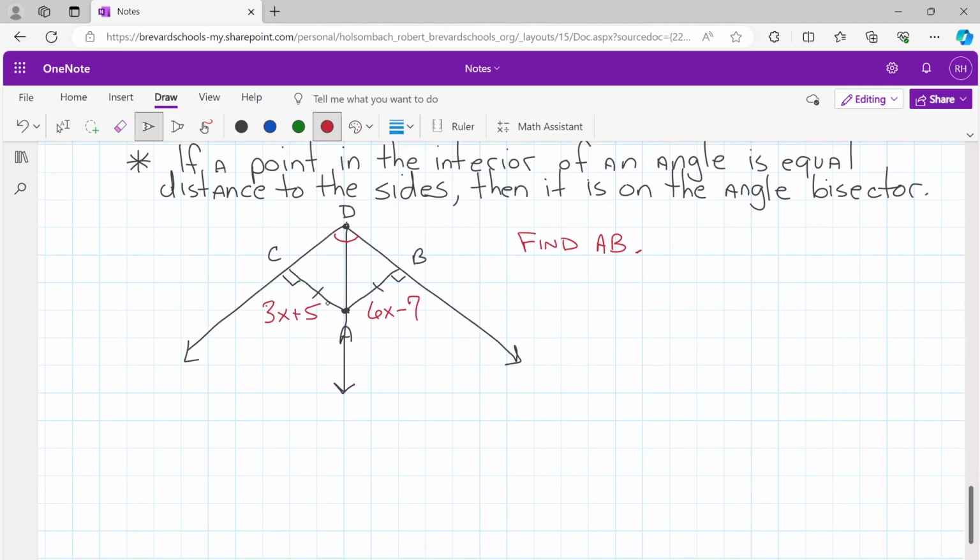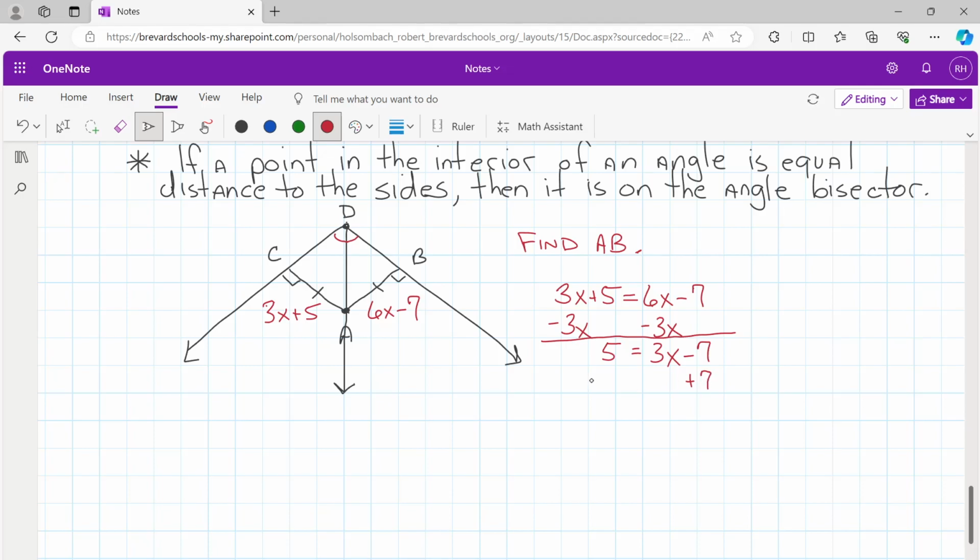Well, if you know these two segments are congruent, you can write an equation. 3x plus 5 is equal to 6x minus 7. And you're going to solve for x again, so subtract 3x from each side. So 5 is equal to 3x minus 7.